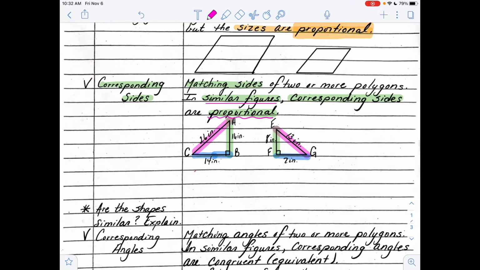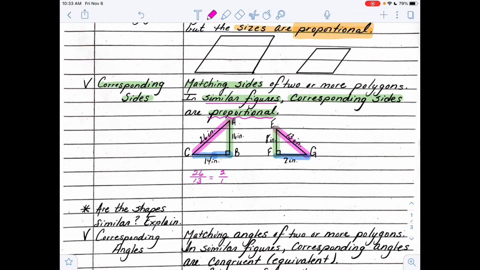AC, I know, was 26. And that matched up with side EG, which I know is 13. If I reduce that, 26 over 13 gives me 2 over 1. That would give me a ratio of 2 over 1.